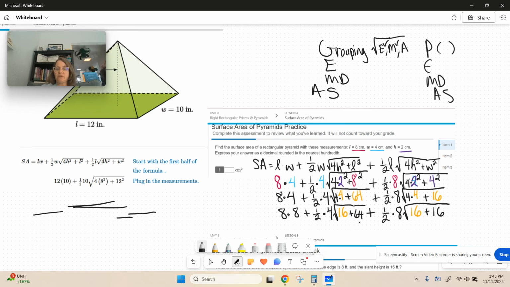So 16 plus 64 is 80. 16 plus 16 is 32. Let's bring everything else down.